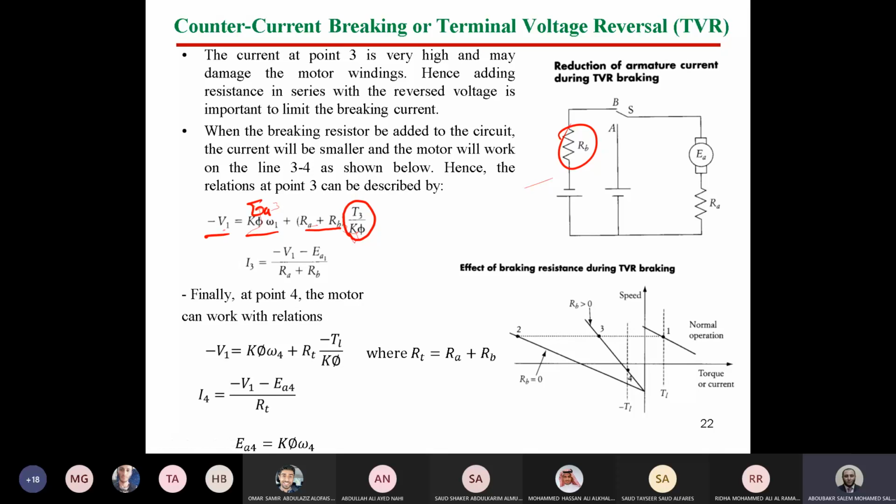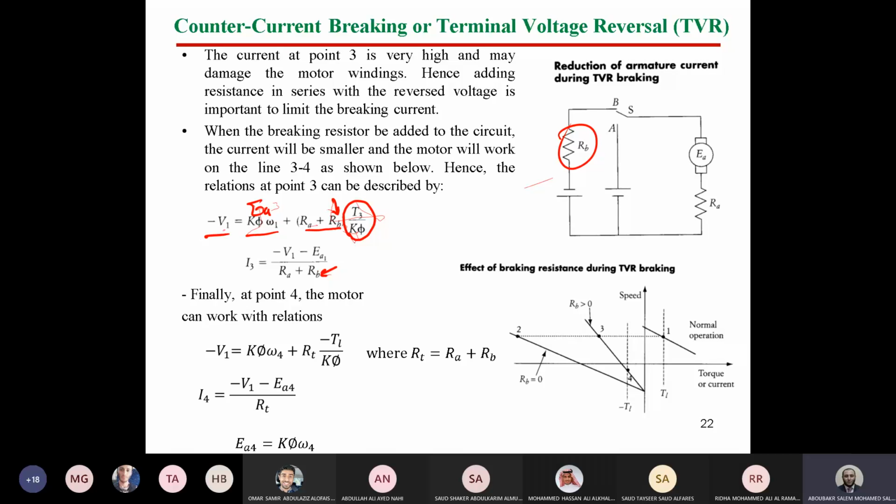So here you will find that the term Rb is inserted, because we insert a resistance. So this is going to limit the braking current. As you can see here, Rb is inserted in the denominator of current in order to limit the braking current value.